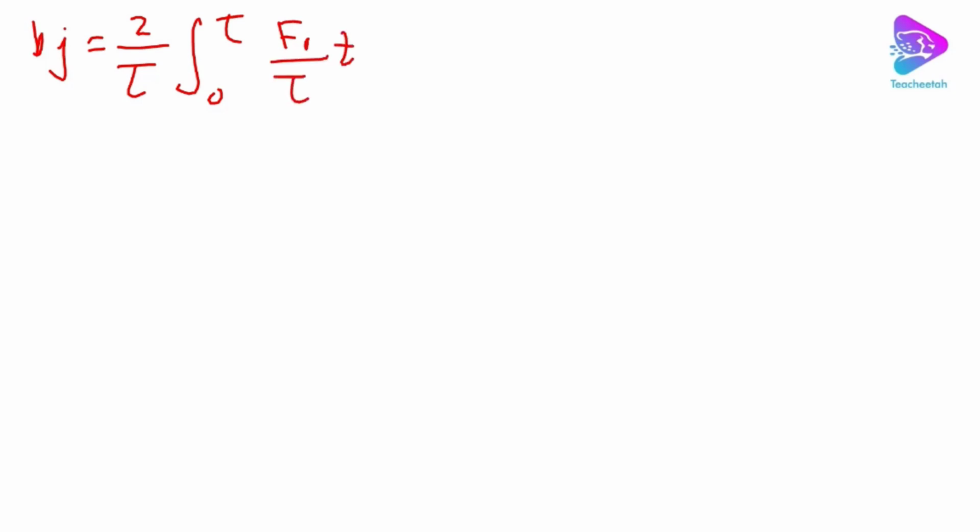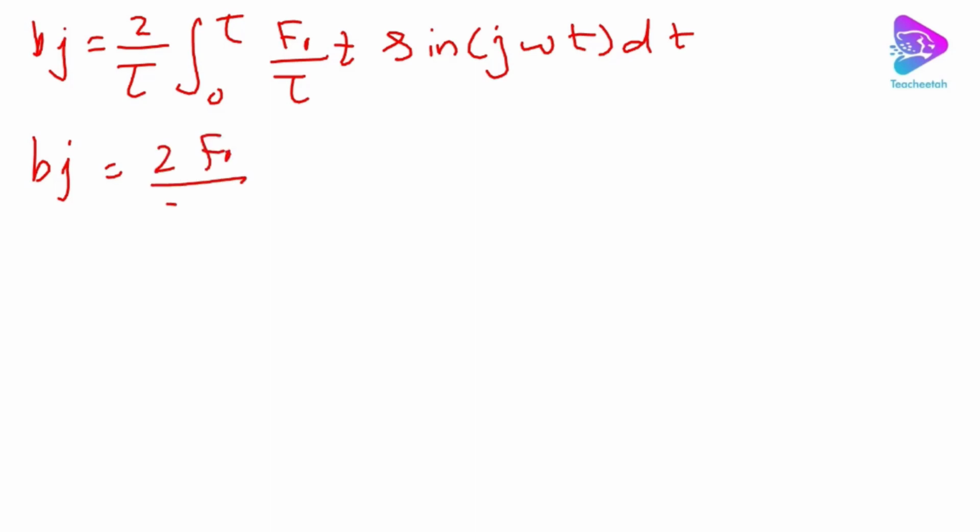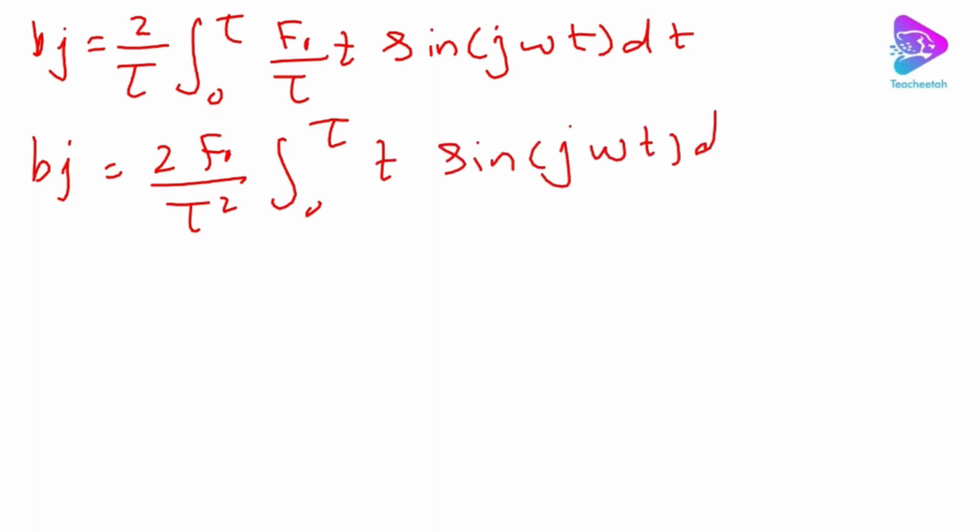Now the rest is bj, and we have to find bj in the system. So to find bj, we have bj equal to 2 over tau, integral from 0 to tau of f naught t over tau, which is f of t, times sine j omega t dt. Again, bj equals 2 f naught over tau squared, integral from 0 to tau of t sine j omega t dt.